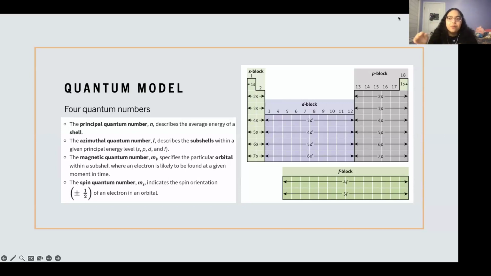ML will tell you where in the subshell that electron is, and then the spin number. Every orbital will have an up and down spin, so you have a plus or minus half to tell you if it's the positive or the negative electron. So good to know those and just know the quantum model. There's also the theory leading up to it, but getting into that would take a lot of time. So just good to know all of quantum.